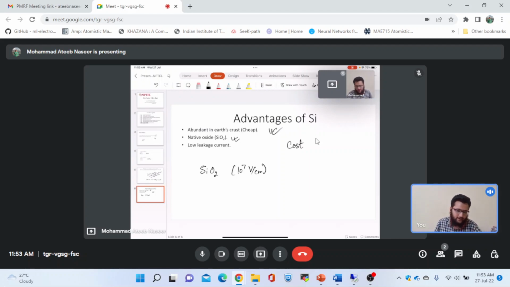And as already discussed, silicon based devices have a large band gap, or in practice a moderate band gap, but as compared to germanium it is almost two times the band gap. So the leakage current in silicon based devices is less as compared to germanium based devices. This helps them withstand high temperature applications as well.